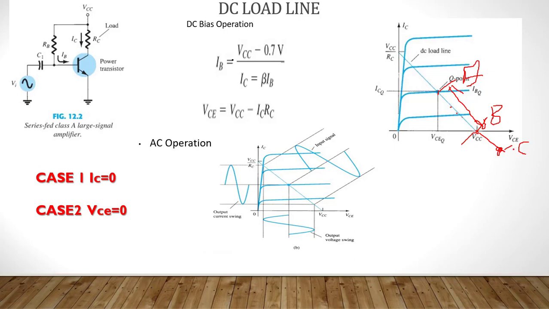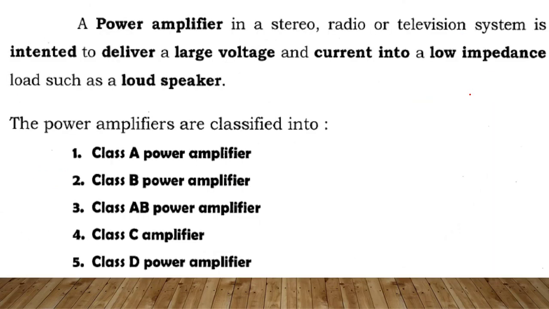Class C means it is in the negative value of VCE and IC, both negative. Class AB is nothing but between the A point and the B point. The A point is the Q point in the middle, the B point is 0. Anywhere in between, that is called class AB. So in total we have 4 types of power amplifier.